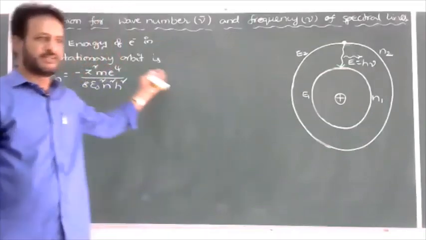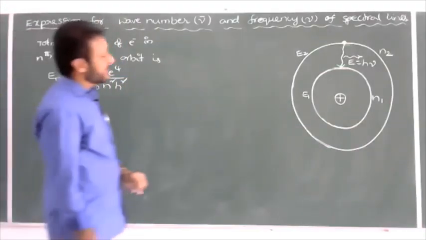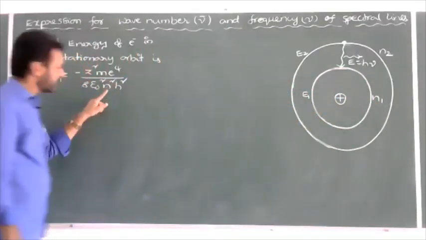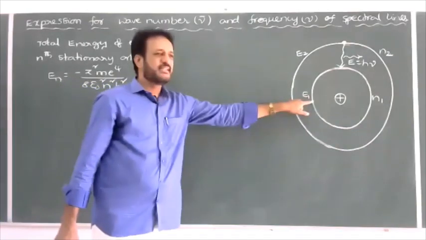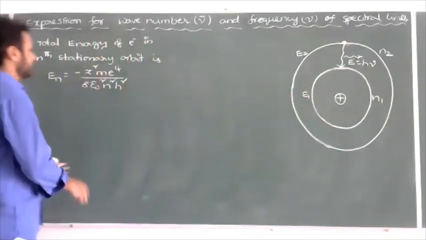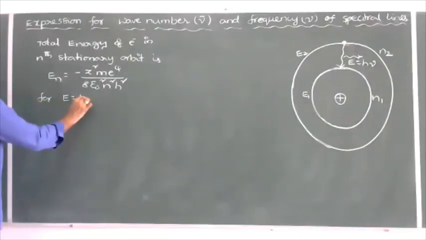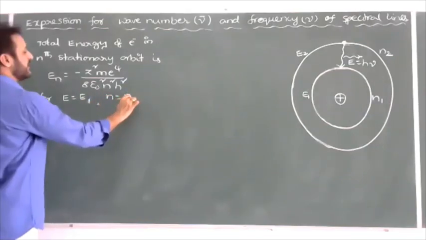It is an important derivation, and I have used this formula. It is a general formula. But whenever I want to consider the lower orbit n1, in place of n, you should write n1, and in place of energy E, you should write E1. For E equal to E1, I'll take n equal to n1.